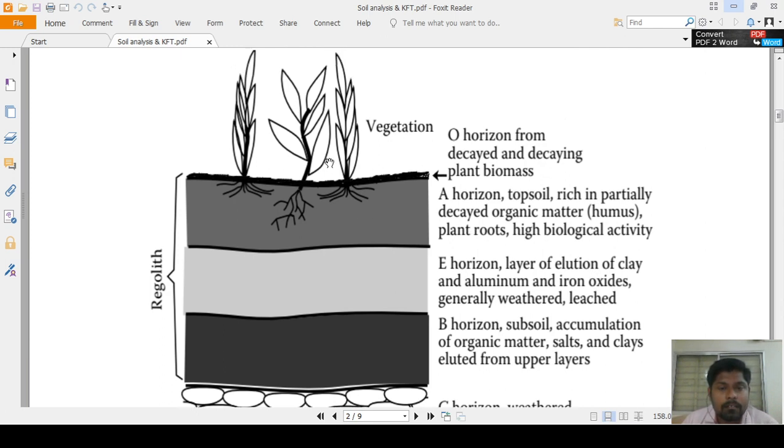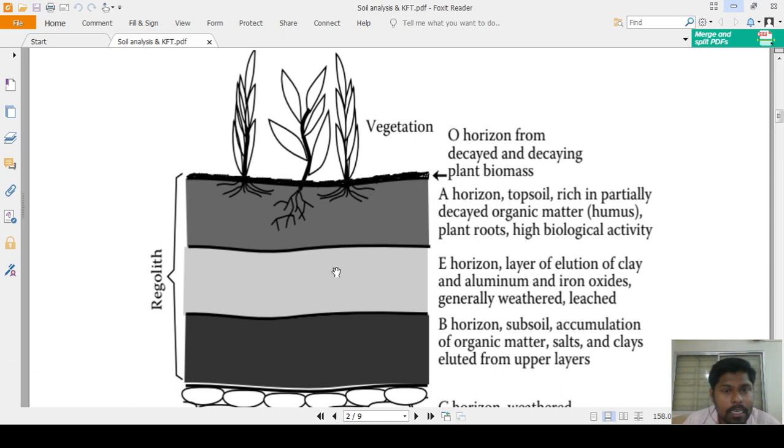Look at here, that is called the O horizon, from decay of plant biomass. That is the A horizon, the topsoil rich in partially decayed organic matter, humus, plant roots and high biological activity. That is the main part of plant productivity, where the roots of the plants grow.